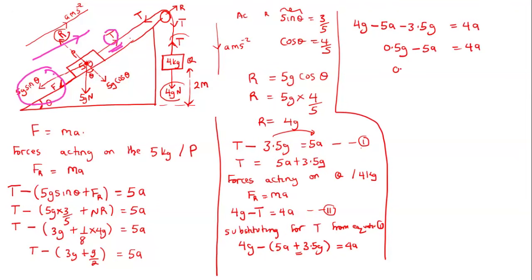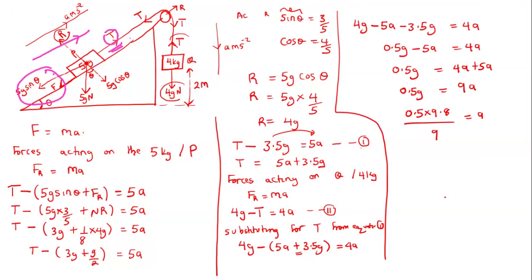So we can take the 5a the other side, so we shall have 4a plus 5a. So here we shall have 0.5g is equal to 9a. But what is our g? Our g is 9.8. So we shall say 0.5 times 9.8, everything divided by 9 should give us our a.